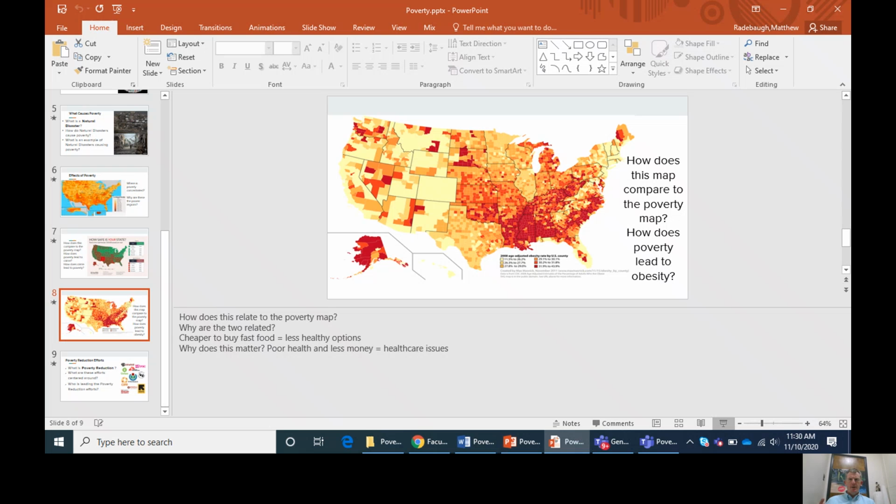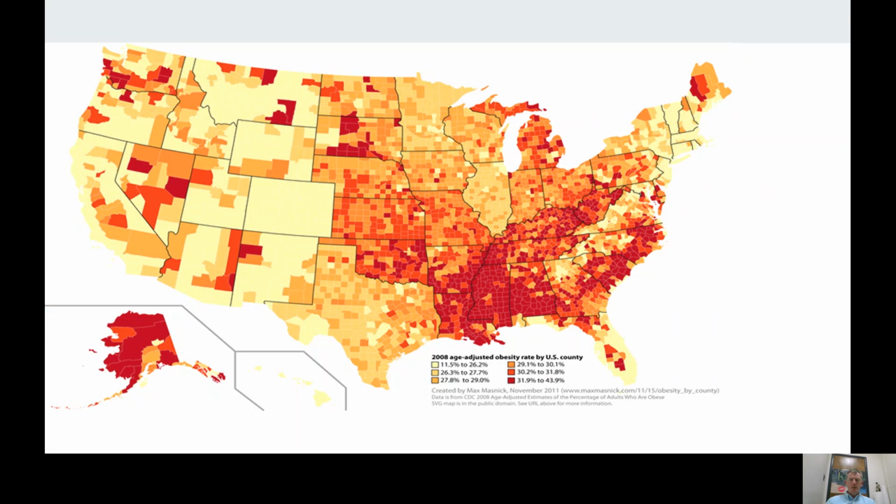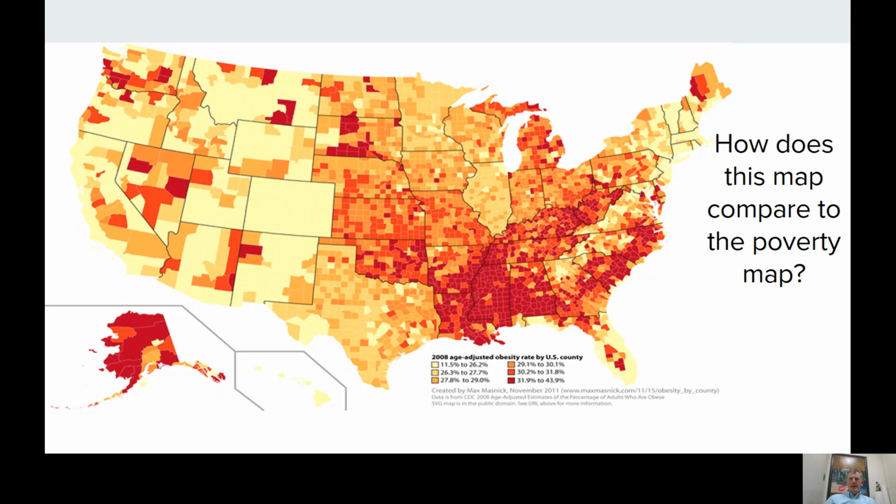This is the third video. If you take a look at this map, this is from 2008. It's a little while back, but still. It shows the obesity rate in the United States.